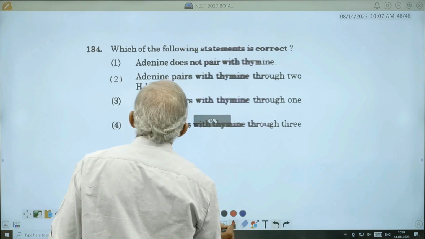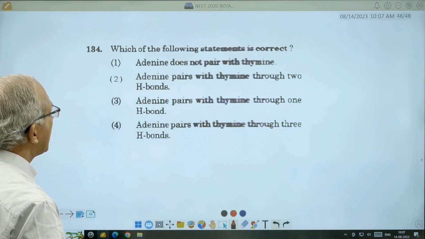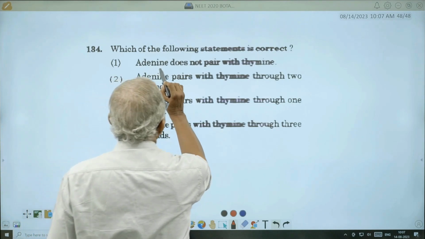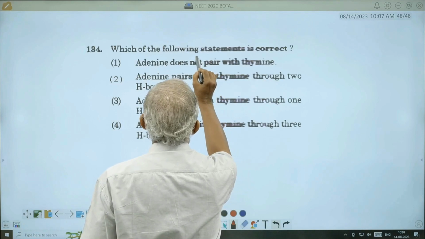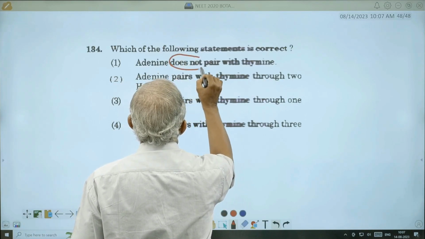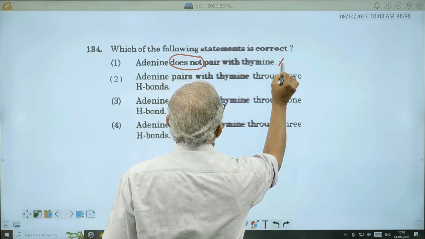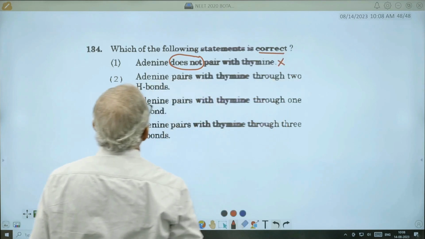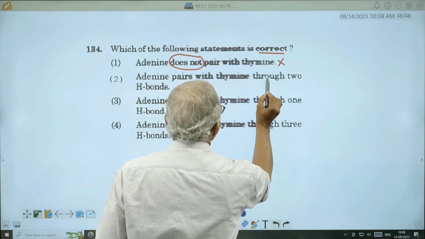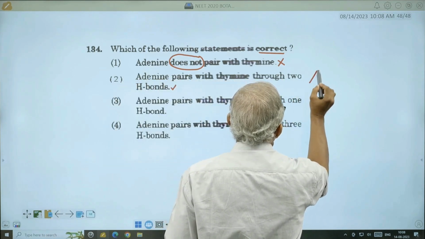Then which of the following statements is correct? First statement, adenine does not pair with thymine, it is wrong. We want a correct statement. Adenine pairs with thymine through 2 hydrogen bonds, it is correct.